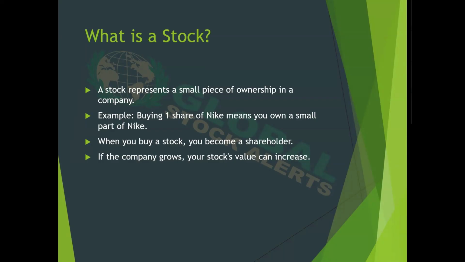Once you become a shareholder, if that company grows and the stock goes up, the value of your money goes up as well. So imagine looking at a pizza sliced into 100 slices. You owning one slice means that's the piece of the whole pie that you own.